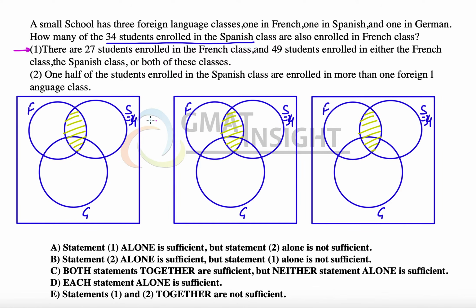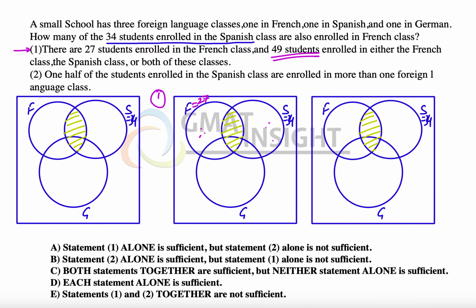Now let's look at the first statement. The first statement says that there are 27 students enrolled in the French class. So French is 27, and 49 students enrolled in either the French class or the Spanish class or both of these classes. 49 students enrolled in either French or Spanish or both, which means this 49 is basically the union of these two sets.